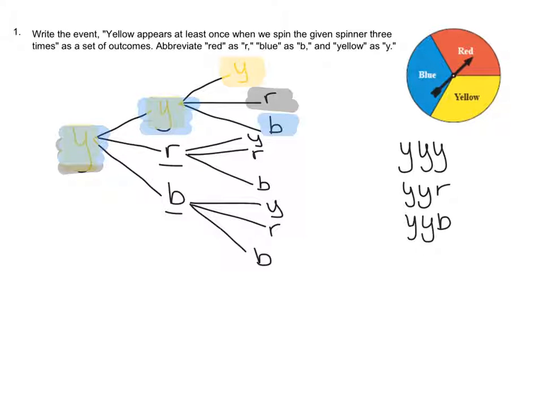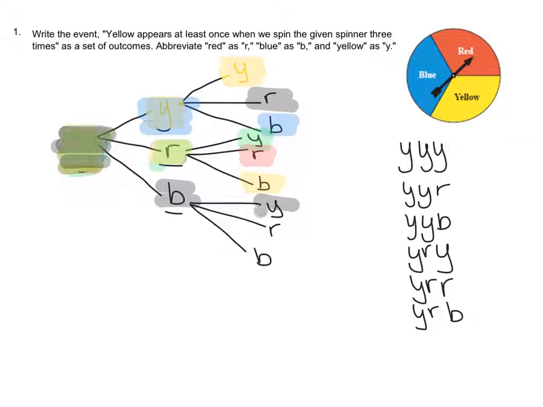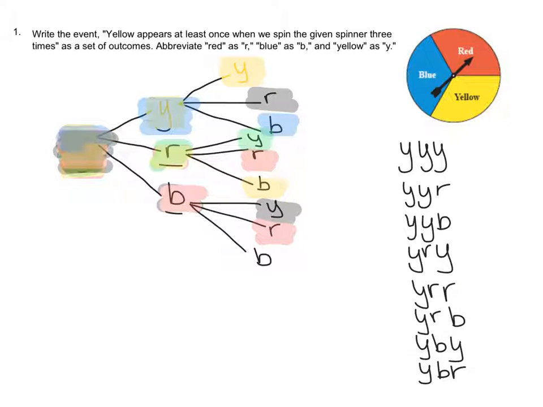And I'll just follow this pattern. My next outcome is YRY. Then I have YRR, YRB, YBY, YBR, and YBB.